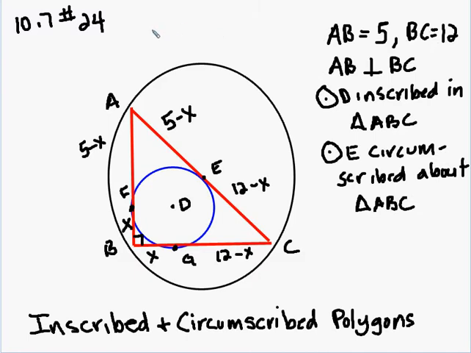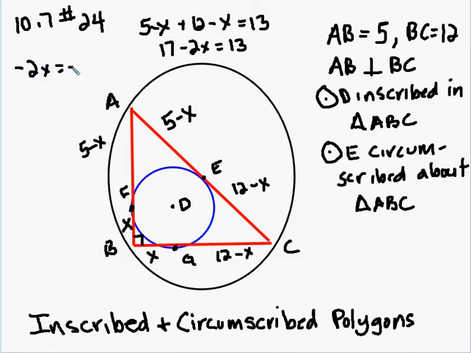13 triangle. So if AC is 13, then I know that 5 minus X plus 12 minus X is equal to 13. Or I can say 17 minus 2X is equal to 13, or minus 2X is equal to negative 4, or X is equal to 2.